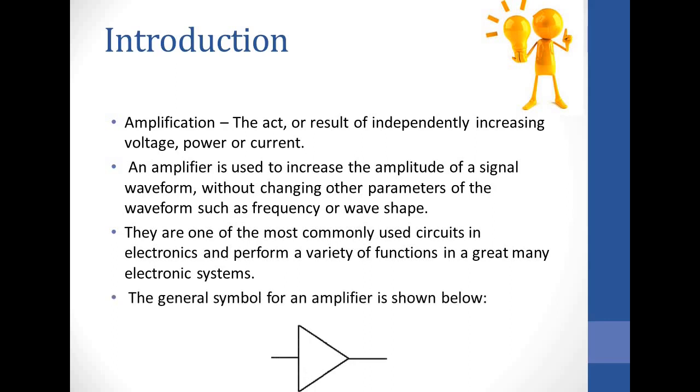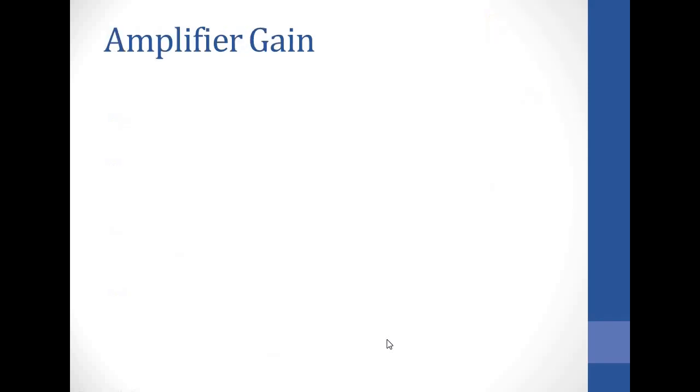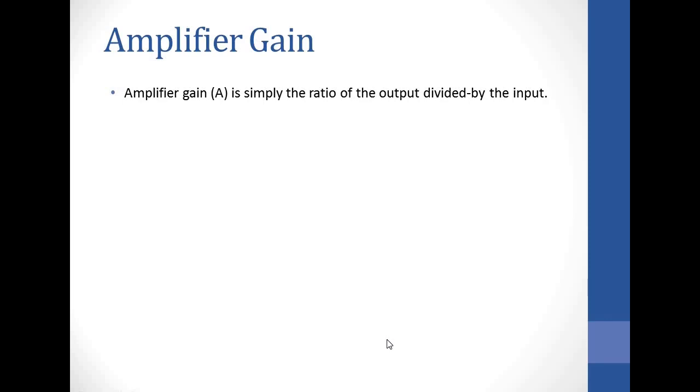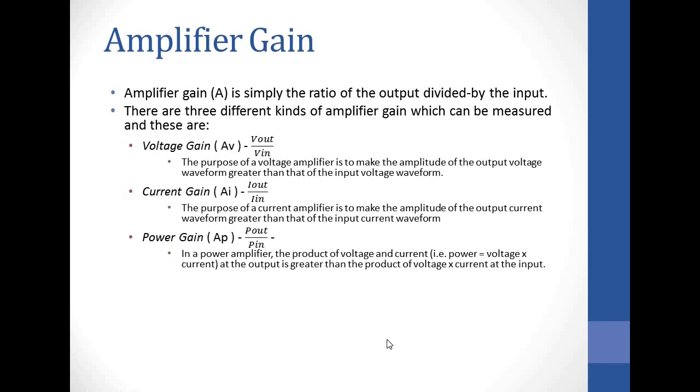The general symbol of an amplifier here shows that we've got our input, which can be fed here normally, and then we've got our output, which we can take from that point. So amplifier gain, we already know what amplifier gain is. It's output over input.